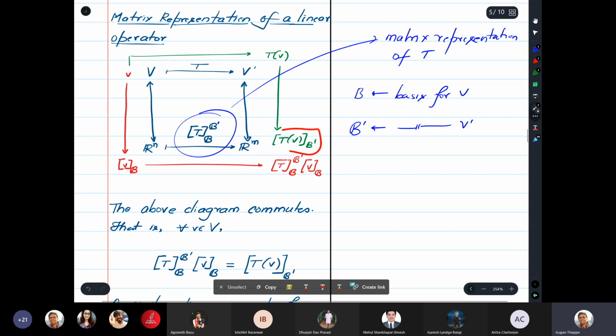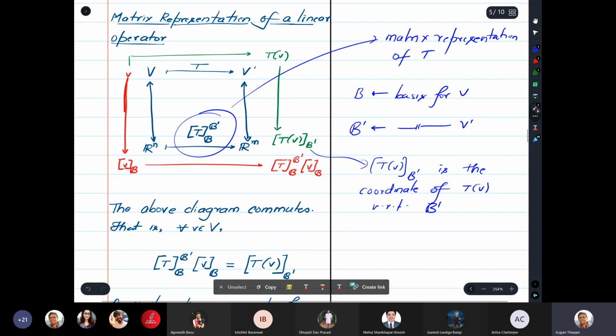This representation over here means that [T(v)]_{B'} is the coordinate of T of V with respect to the basis B prime. I hope you agree that if you traverse this diagram in this way, you start with V, you end up with T of V, and if you look at its coordinates with respect to the basis B prime, this is what you end up with.